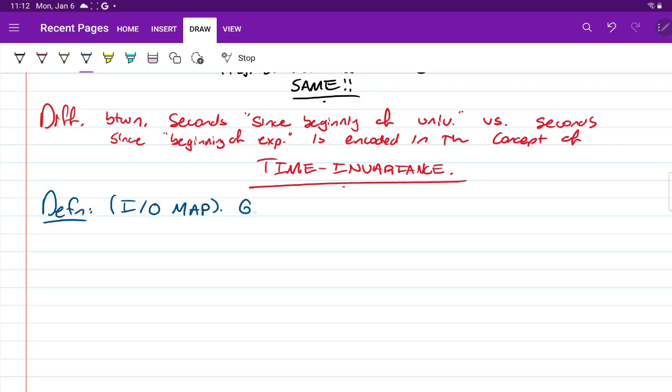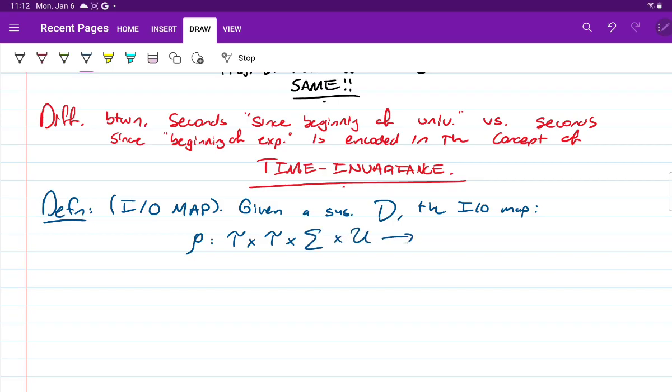Okay. So given a causal I/O dynamical system D, the I/O map is defined as rho, which goes from T cross sigma cross U. So this is the same domain as my state transition map.